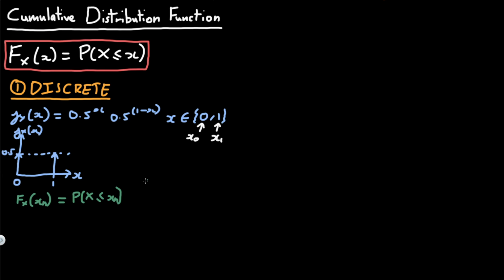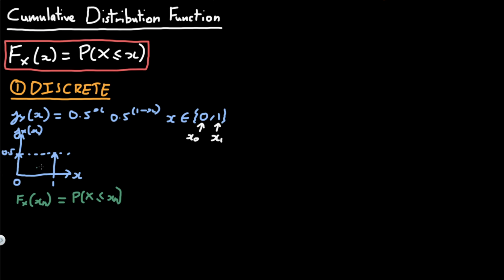You can see how by changing n, we iterate through the different possibilities. So if we chose n as 0, the probability of having a number less than or equal to x0, which is 0, is in fact just a half, because the probability of having something less than or equal to 0 would simply be the probability of getting a 0, because all the values below 0 have a probability of 0.